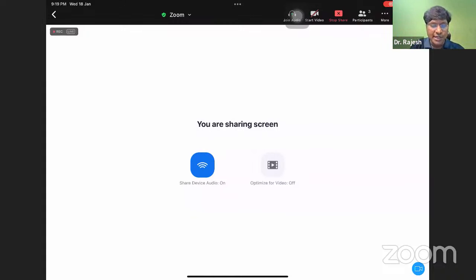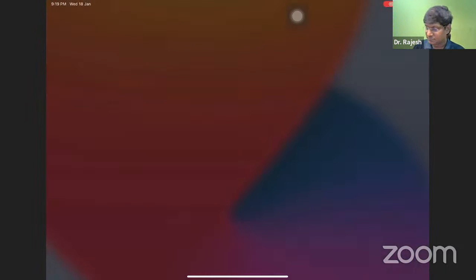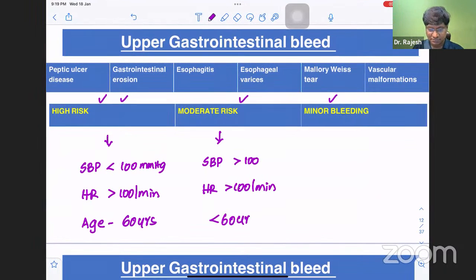Okay, I'm sorry. Now, who are considered to be the minor risk patients?